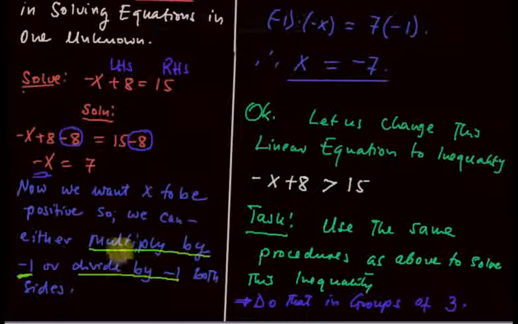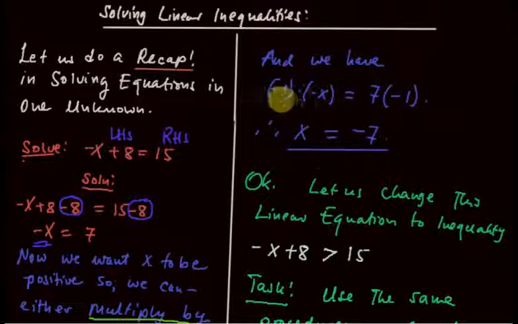So we can do one of the two. If you multiply by -1, this is going to be positive. This is what we saw when we were dealing with equations in one unknown. Or if you divide by -1, we are going to have positive x. So this is what we are going to do.